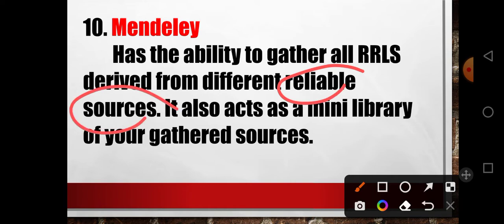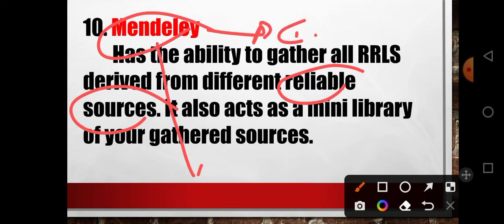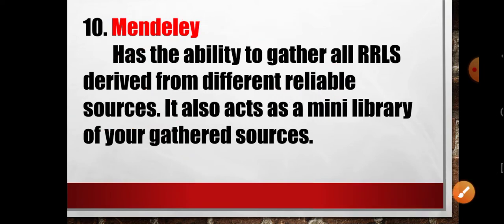However, it contains a specific library of journals. So if you would compare it to Google Scholar, it is more robust. However, Mendeley is more convenient to use because you can save those RRLs you have derived from Mendeley in your own library. Okay?